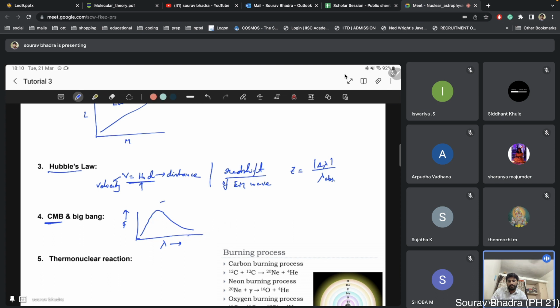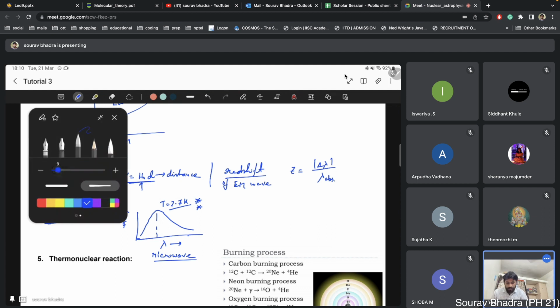The temperature is 2.7 Kelvin. Very important, you should always remember that the cosmic microwave background shows a black body spectrum with a temperature of 2.7 Kelvin, and the peak is in the microwave range. That's why it is called the microwave background.